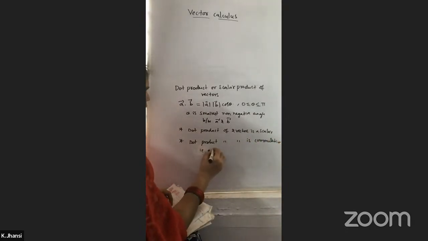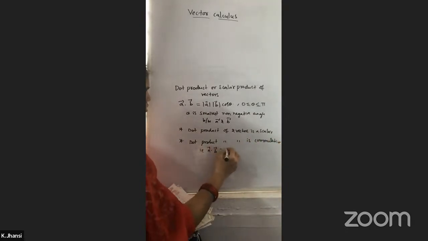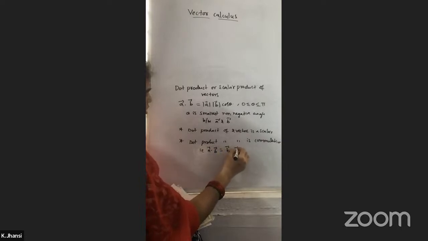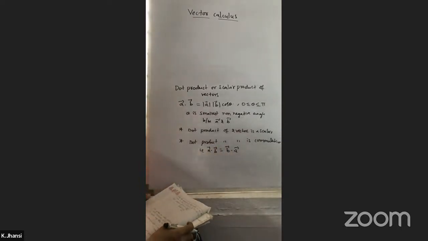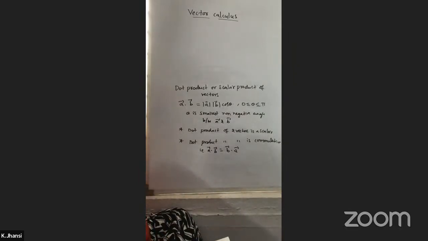That is, A dot B is equal to B dot A. So it satisfies the commutative property also.